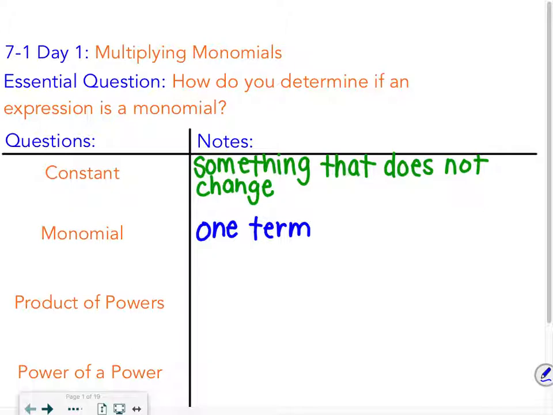Product of powers is like a shortcut when you are working with monomials. So, for example, it means that if you have x to the a power times x to the b power, meaning that your base is the same, all you have to do is add your exponents in order to simplify.